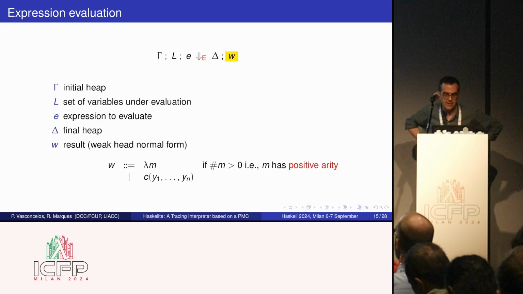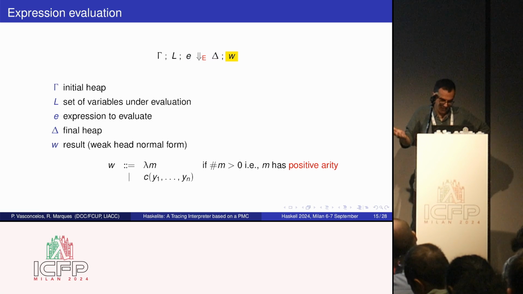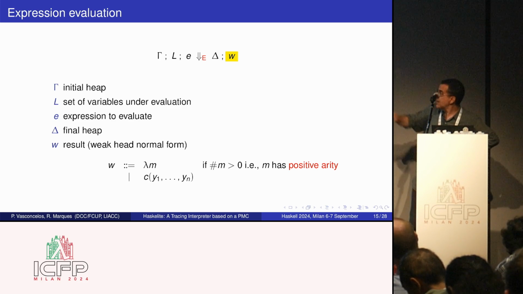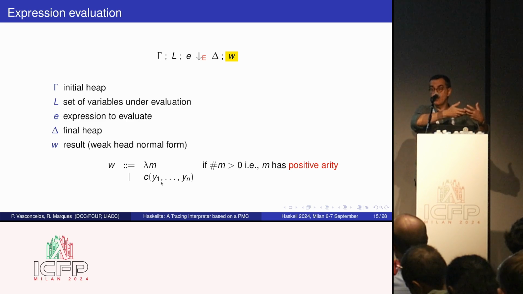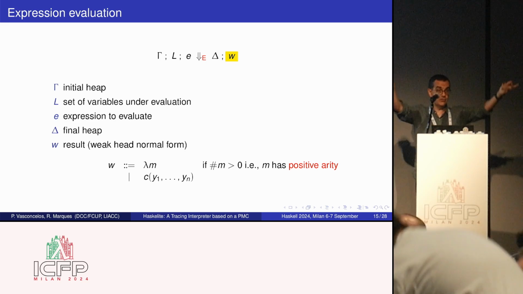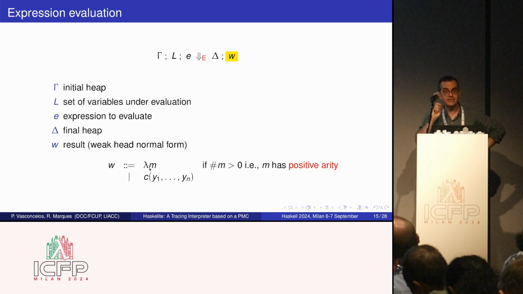And what is the result? It's a generalization of the notion of weak head normal form, typical of lazy functional languages. So it's either a constructor evaluated to the outermost form. So you know the outer constructor, but the inside are variables that can point to unevaluated things, or it's a lambda, but not any lambda.